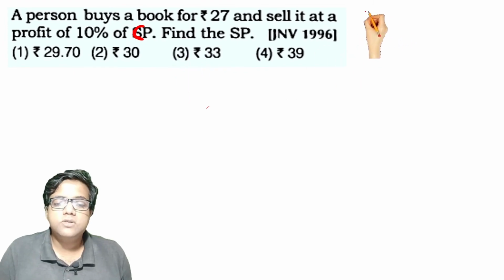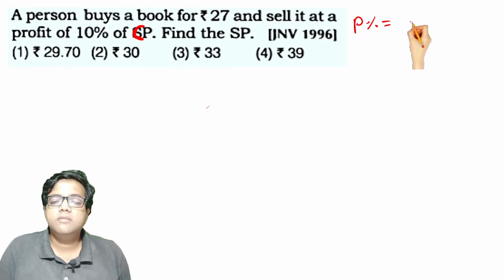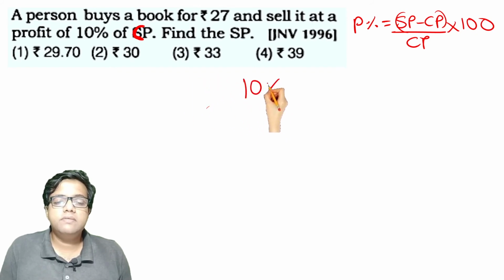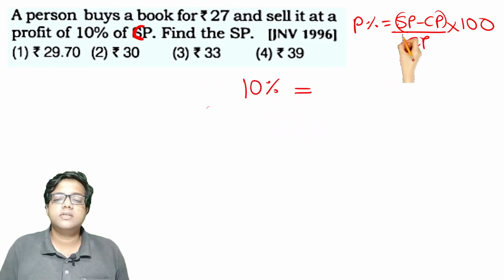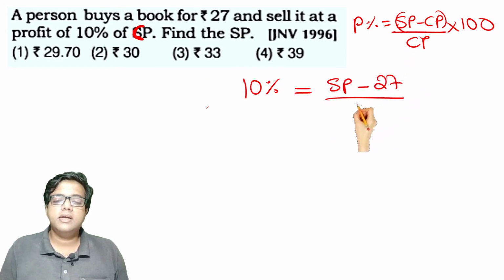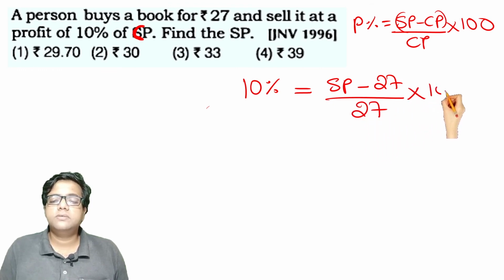Very well. So we know the profit percent formula again. Profit percent is equal to selling price minus cost price by cost price into 100. We have been given the profit percent as 10%. Selling price we don't know. So 10 is equal to selling price minus 27 by 27 into 100.